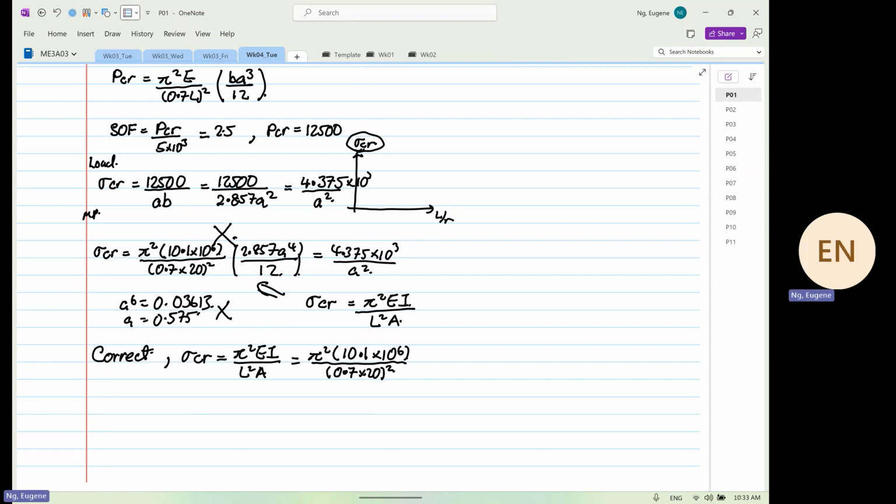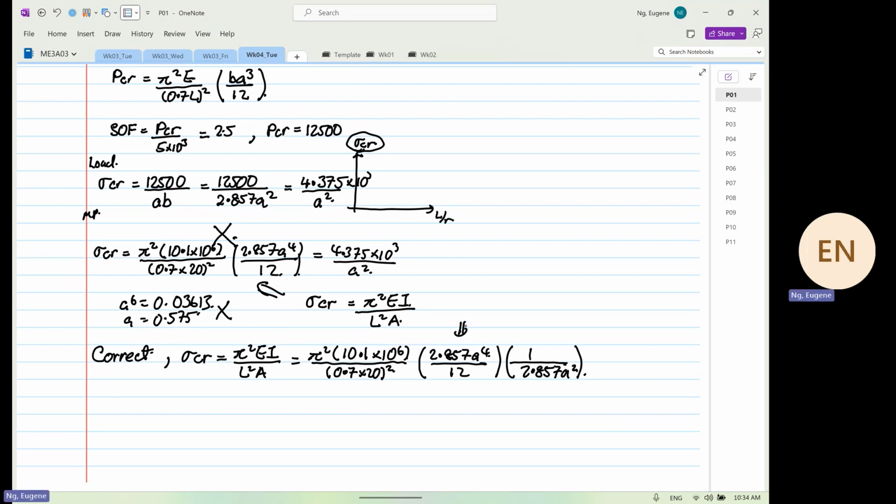And then this is our I, which is 2.857 A to the power 4 divided by 12. And then the area, which is equal to 2.857 A squared. Okay, there's a square down here.